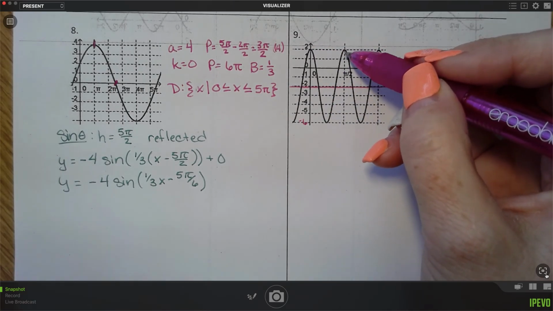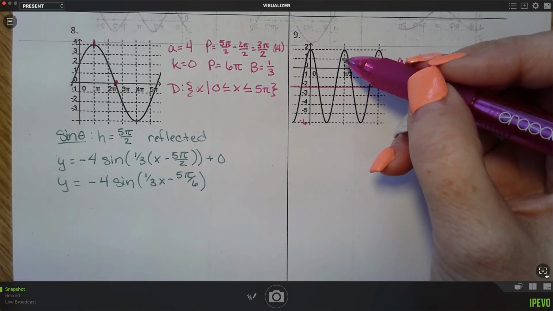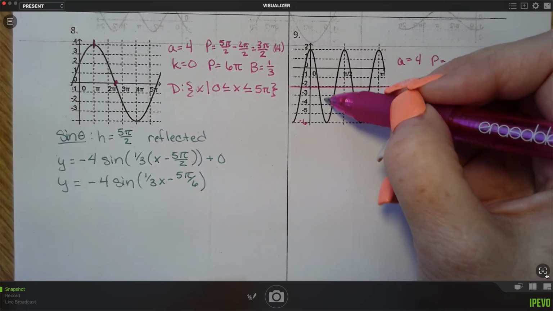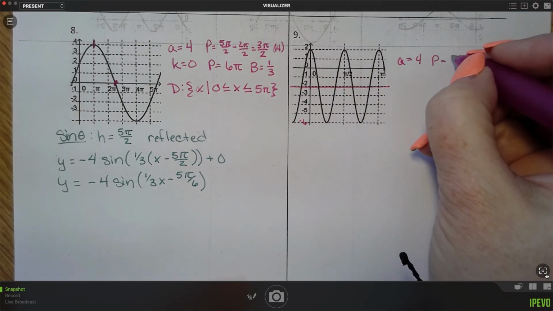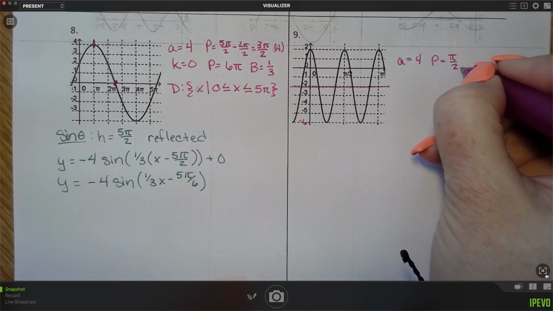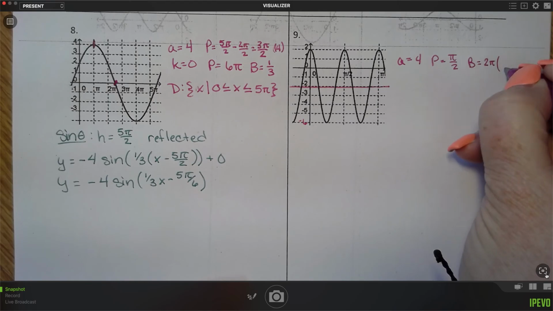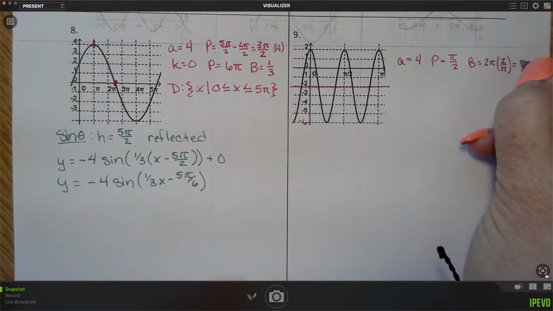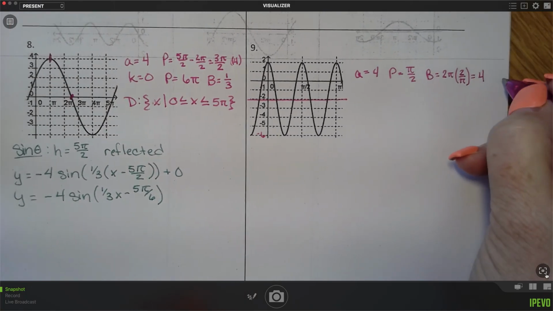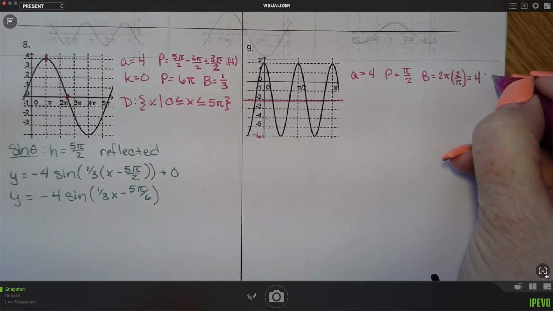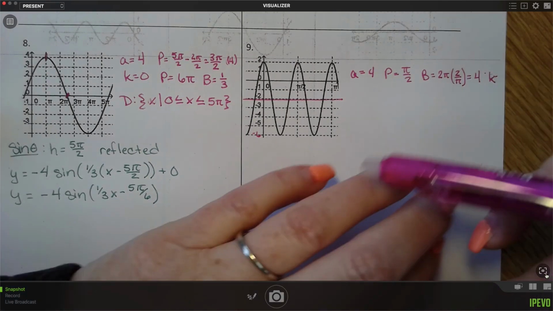I was thinking you said 2 pi. Because from here to here, it's pi over 2, correct? So B is going to be 2 pi times 2 over pi, right? So it will be 4. And K will be -2.